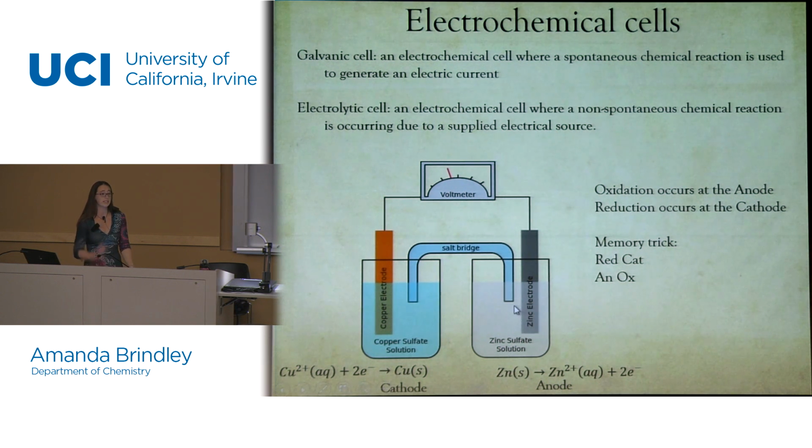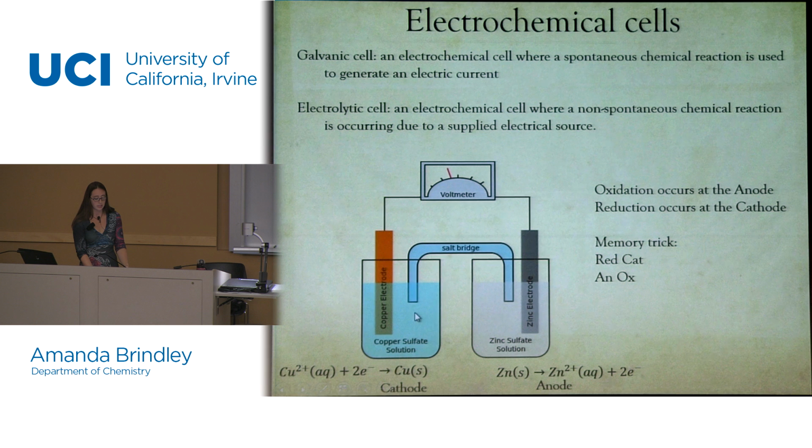This reaction right here is happening over here. So over here, our copper sulfate solution is going from a solution into a solid. Over here, we have our zinc solid, which is going into zinc 2+. Okay? So we have these different things happening.